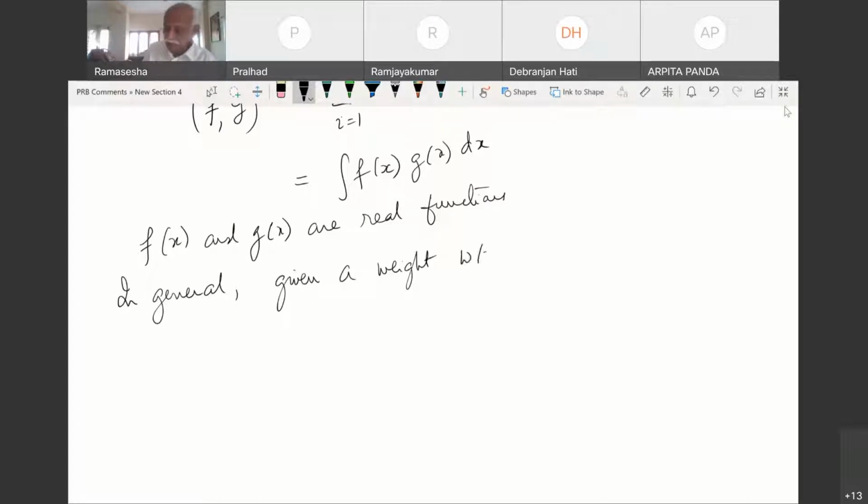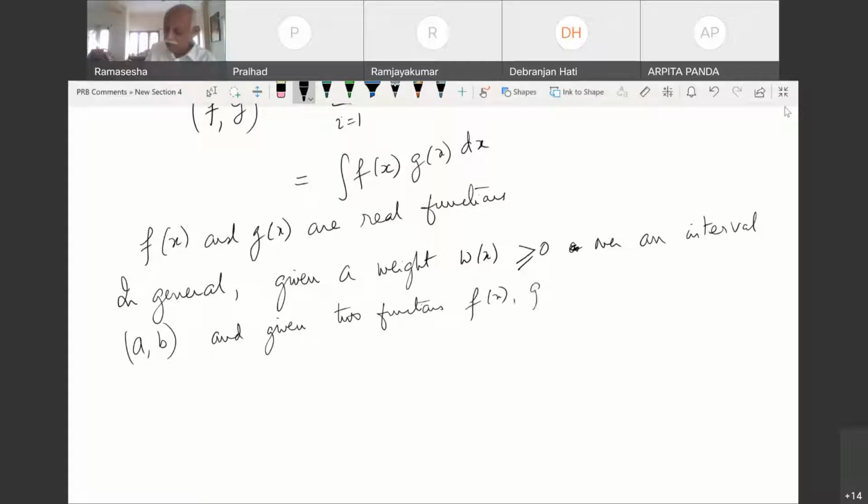But in general, given a weight function w(x) greater than or equal to 0 over [a, b], and given two functions f(x), g(x), we can define the inner product as the integral from a to b of f(x) g(x) w(x) dx.